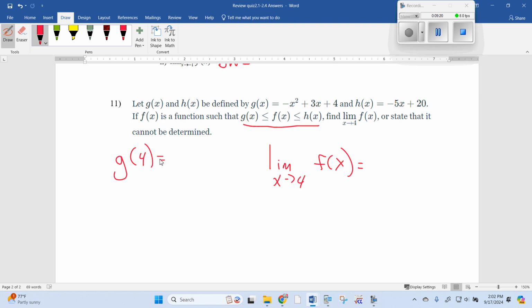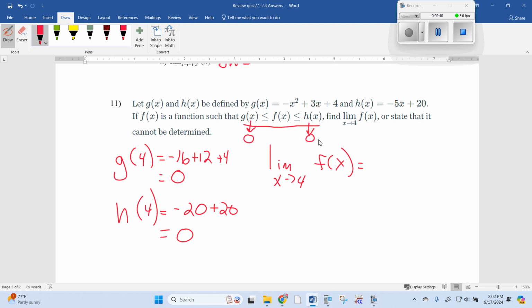If we put in g of 4, we get negative 16 plus 12 plus 4, which is 0. h of 4 is negative 20 plus 20, which is 0. So if g goes to 0 and h goes to 0, and f of x is always in between them, f of x also must go to 0.